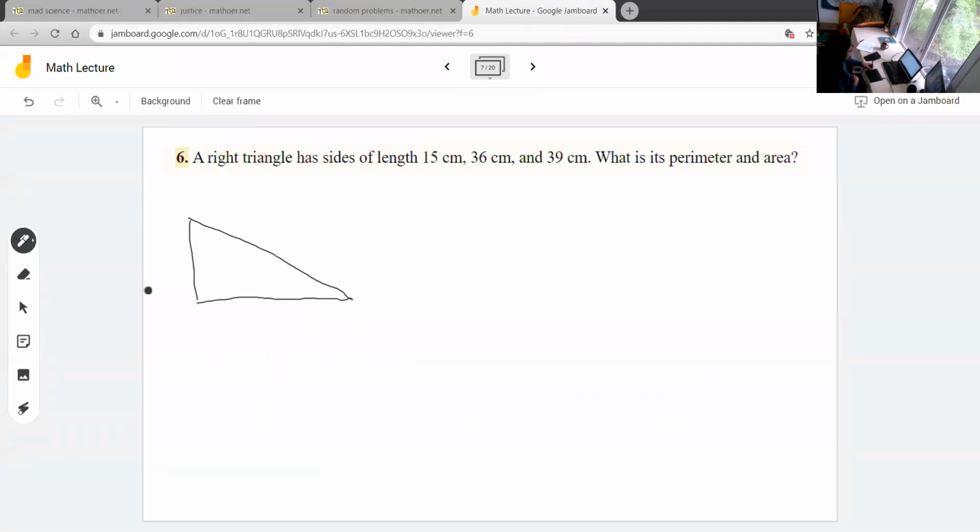Okay, it doesn't really matter too much which sides I label for the short ones, but the long side, the kind of diagonal side, is always going to be the biggest number.